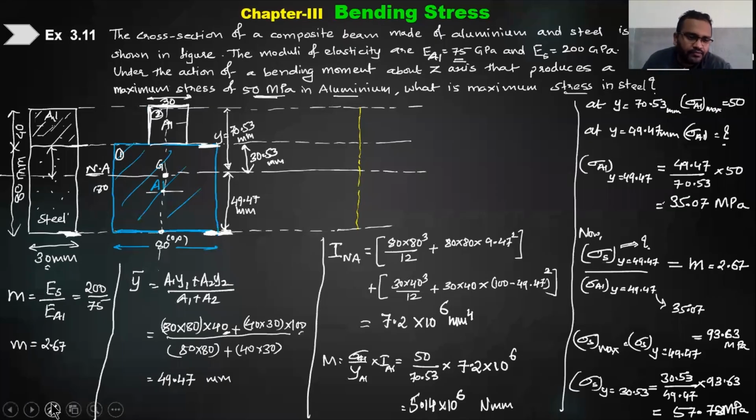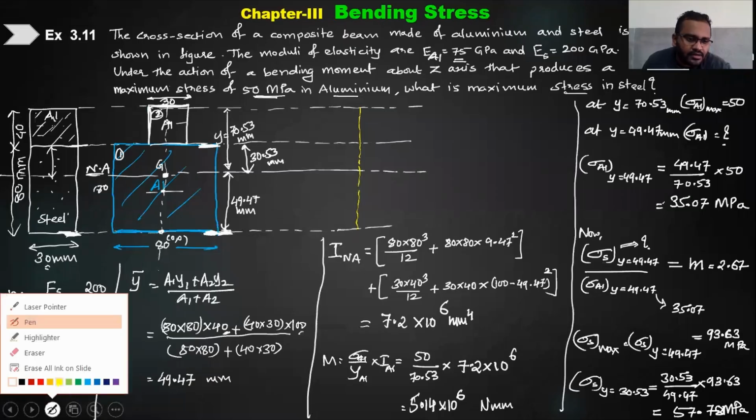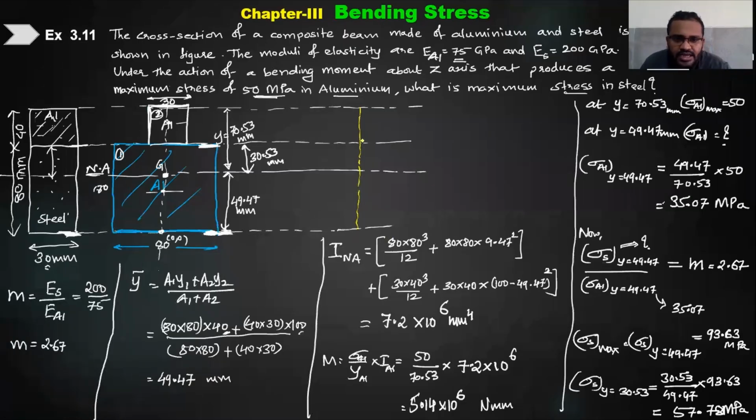Now tell me how we were drawing this particular one. So see, in steel the maximum position is here at 30.53, and the value of steel there is 57.78, right? So I should draw the 57.78 MPa value, and what is the maximum value we have? 93.63.